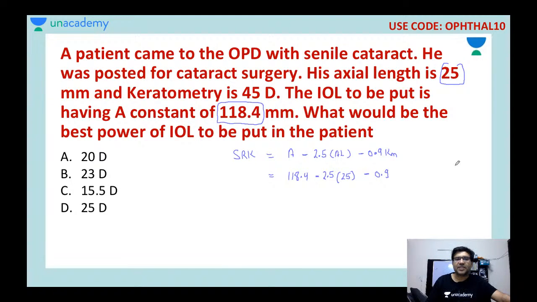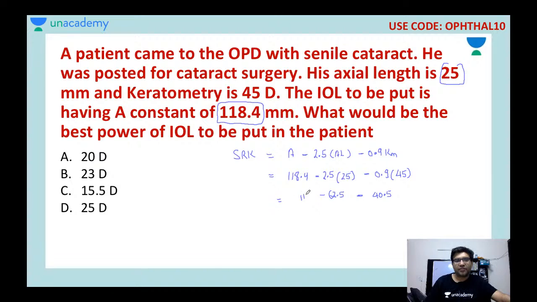So patient is basically a myopic patient. Okay, minus 0.9 into 45. So that is how the final call would be. So the patient would be having a 118.4 minus 62.5, okay, minus 40.5.